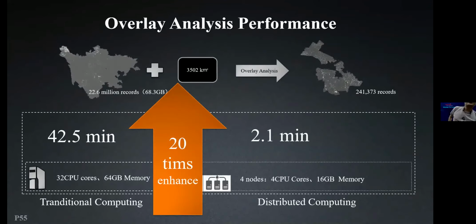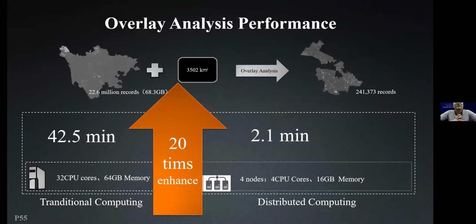We needed to use 22.6 million records with polygons covering 3,500 square kilometers to do overlay analysis. The result was more than 200,000 records. If we use traditional computing, like a single machine with 32 CPU cores and 64 GB memory, this operation takes 42.5 minutes.